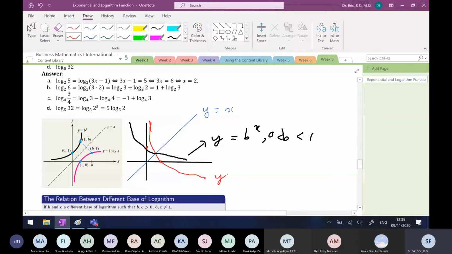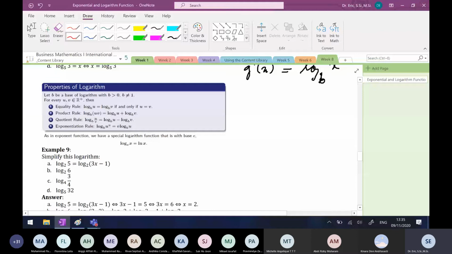So this is y equals log x with base b from 0 to 1. This is for b greater than 1. We are just reflecting it with respect to y equals x. Okay, so that's the figure.